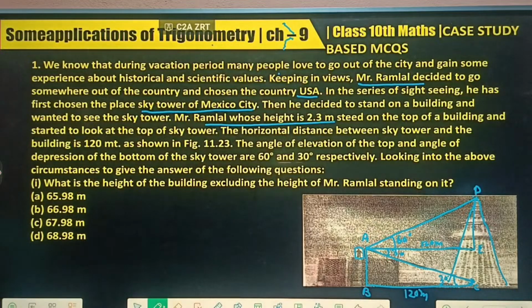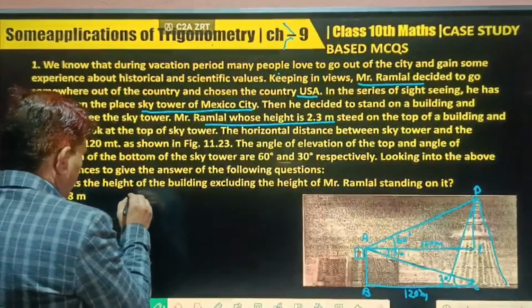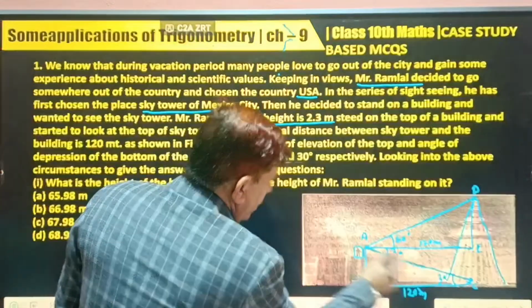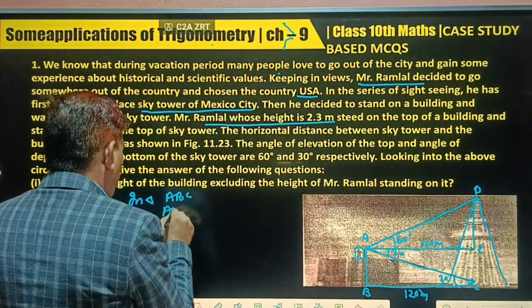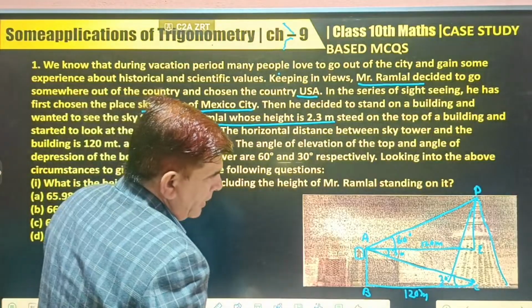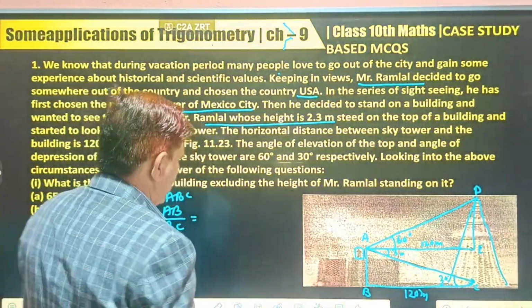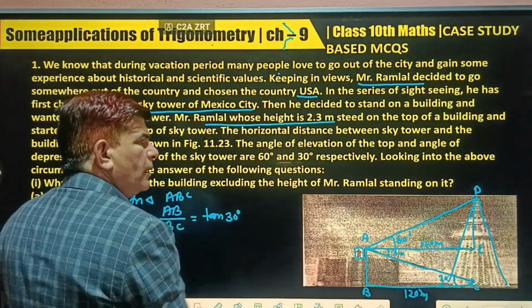So the figure becomes like this, and we have to find the height of the building. In triangle ABC, AB by BC is perpendicular by base, which is tan 30.